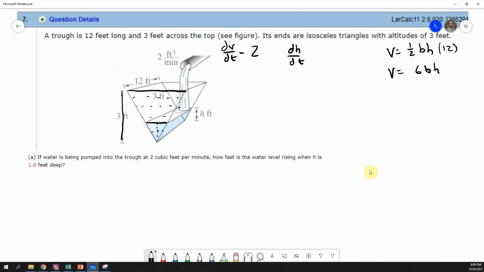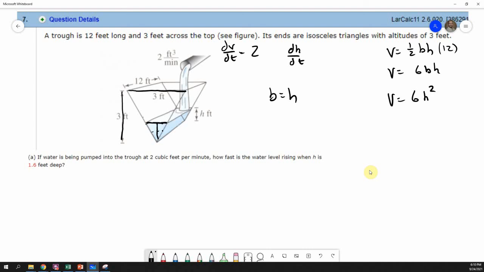They all have the same angles, and any triangle that has all the same angles will keep all its ratios, like the height to the base, or side A to side C. These ratios will always stay the same. Since the ratio of the base to the height is 1, that will be the same no matter where we are. So we're going to say that b is equal to h. Therefore, our volume is now equal to 6h squared.